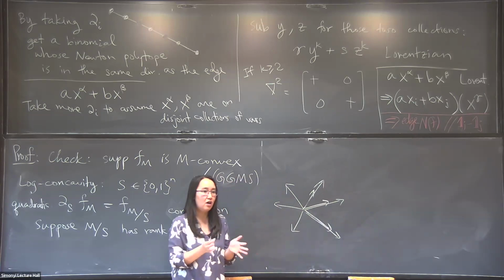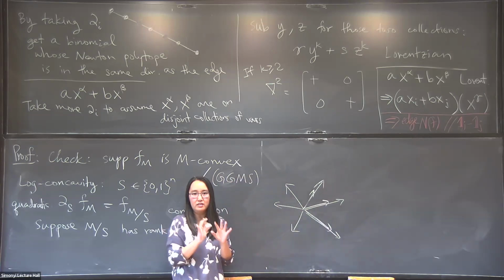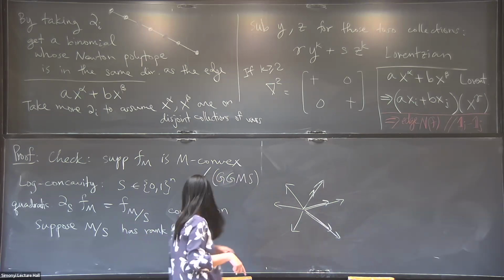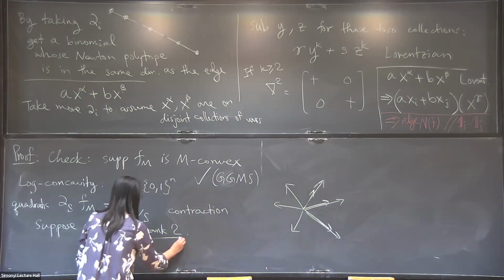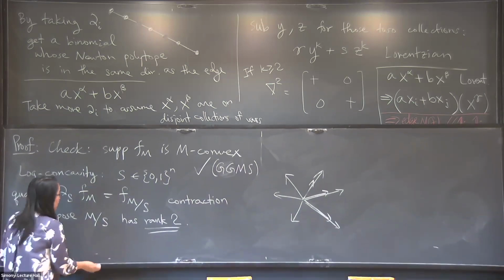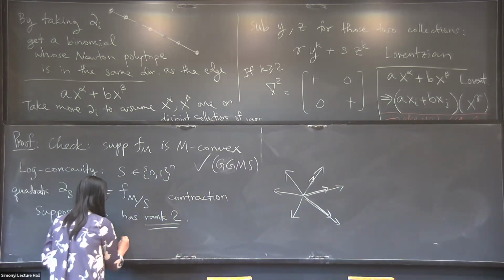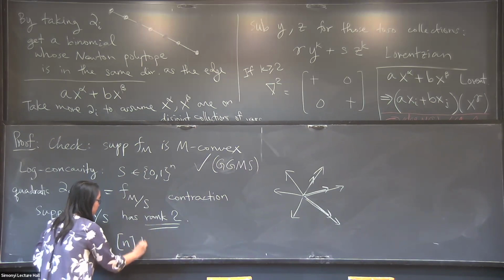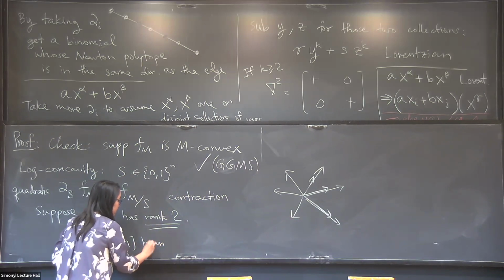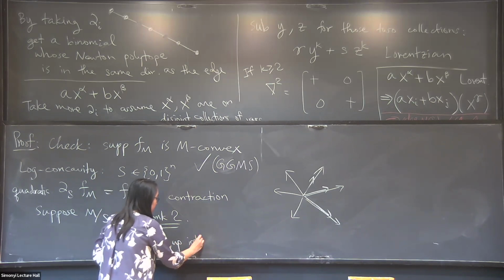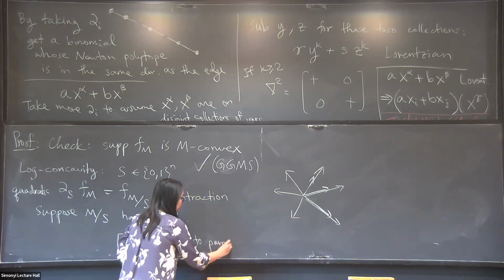So the elements come in parallel classes, and that's the only interesting thing happening for the rank 2 matrix. So this collection breaks up into parallel classes.